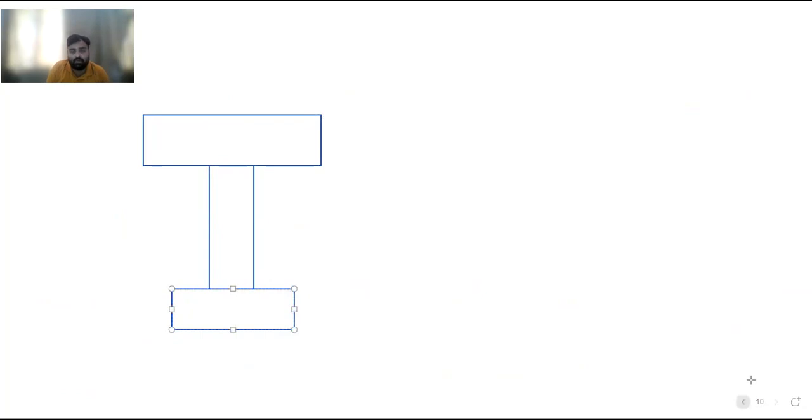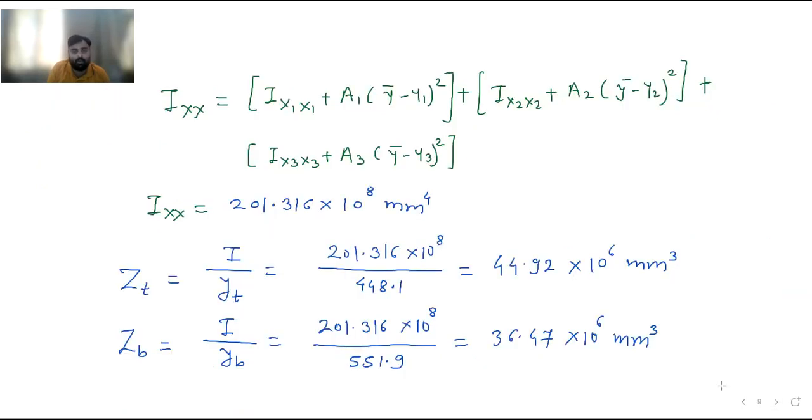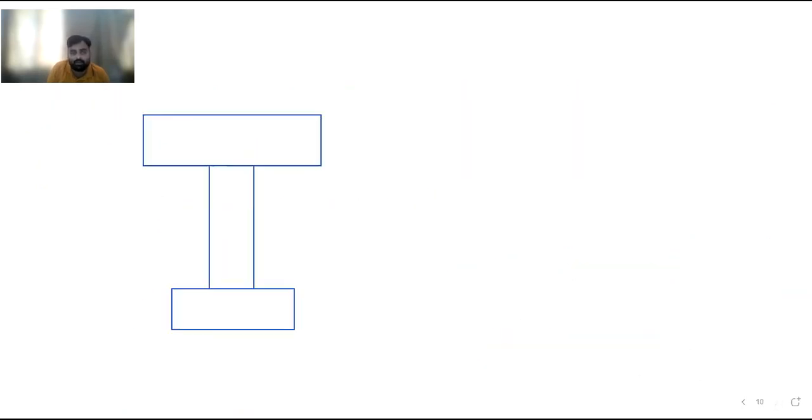So what they have told us here, if you read carefully, the location of pre-stressing is 75 mm above the bottom flange. So from the top of the bottom flange, it is 75 mm above.